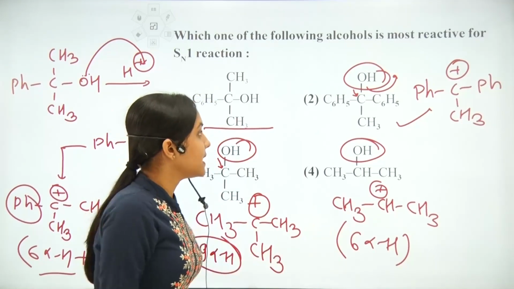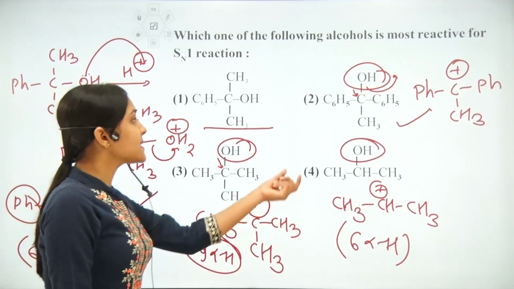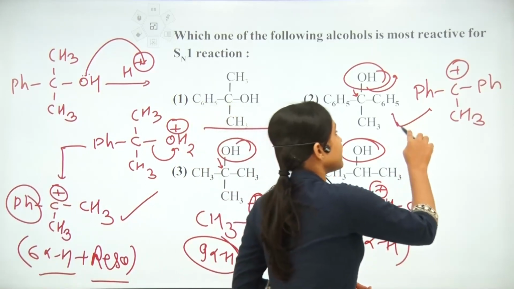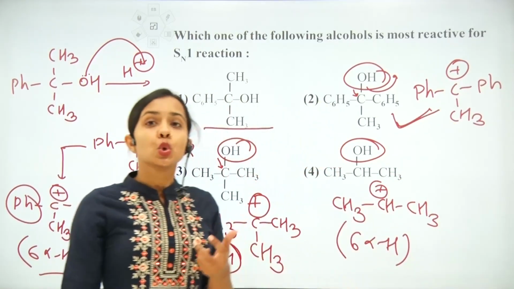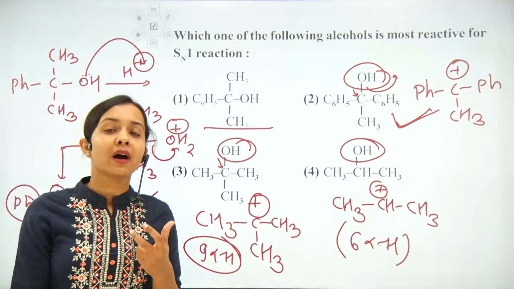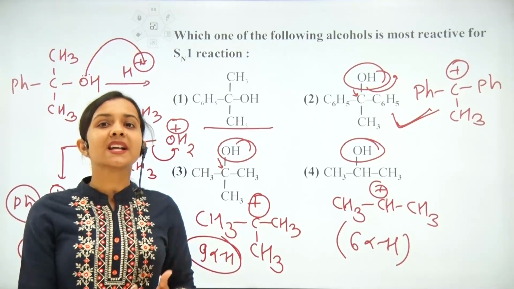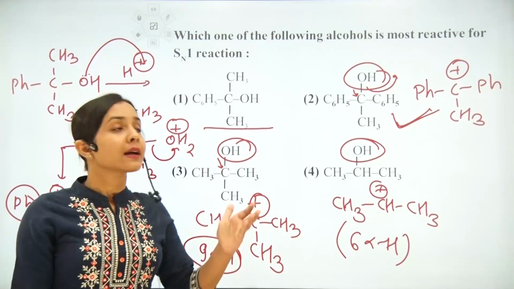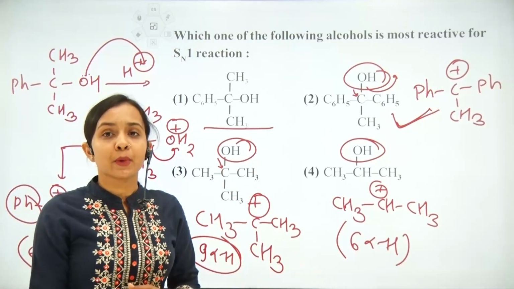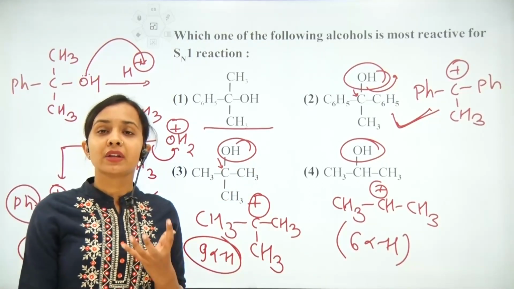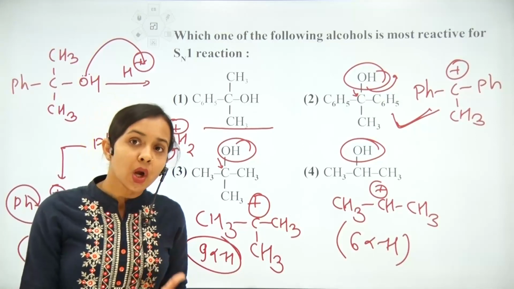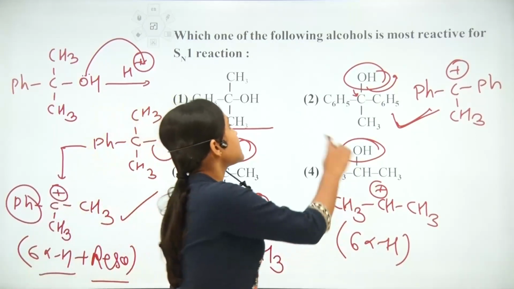So here we can see that in the second reactant, the more stable carbocation will form, because here resonance of 2 phenyl rings is present and 3 alpha hydrogens are present, right? So this carbocation is more stable compared to all 4. If this carbocation is more stable, then reactivity of that compound for SN1 reaction will be more, right? So option 2 is the correct answer.